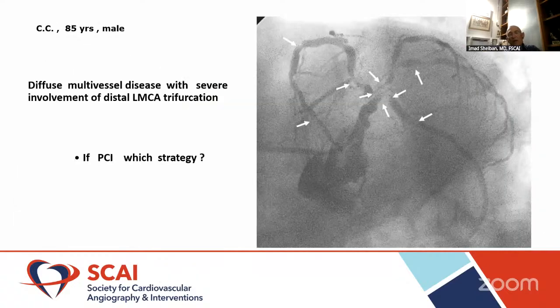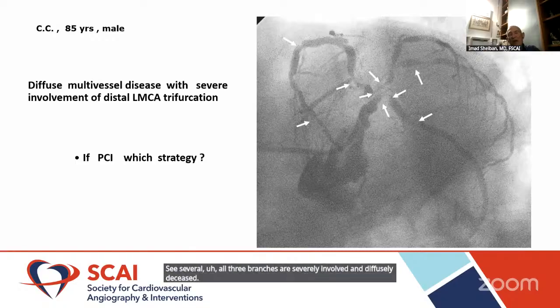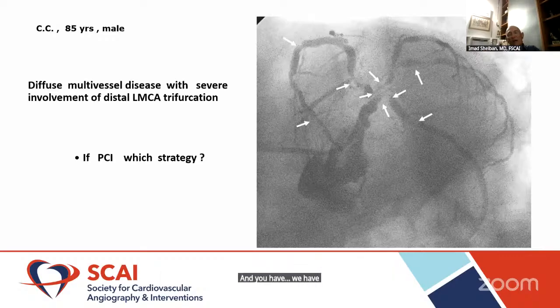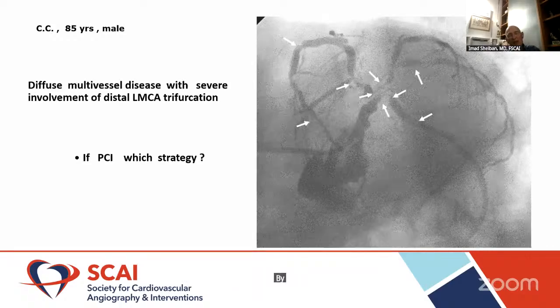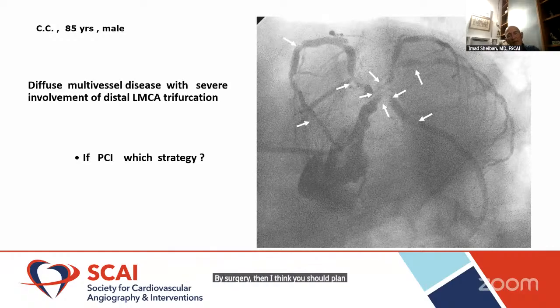You see all three branches are severely involved and diffusely diseased, and we have several tight stenoses also on main vessels. If PCI is the strategy, as in this patient, who was refused by surgery, then I think you should plan your procedure very carefully.